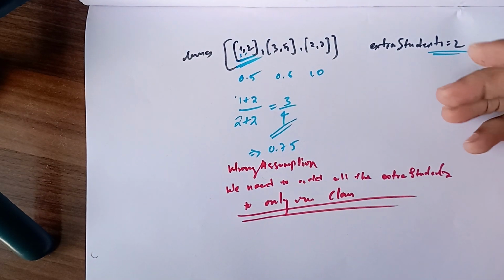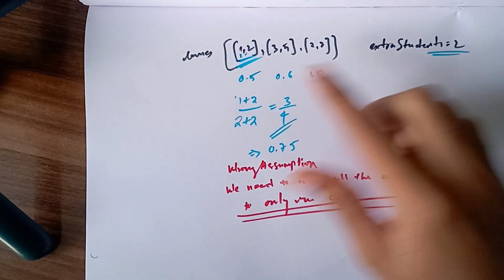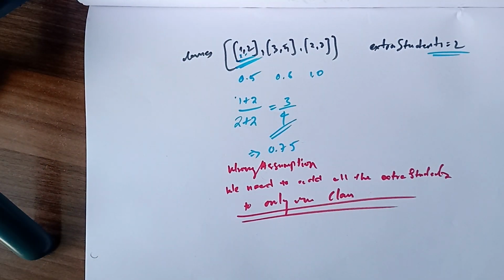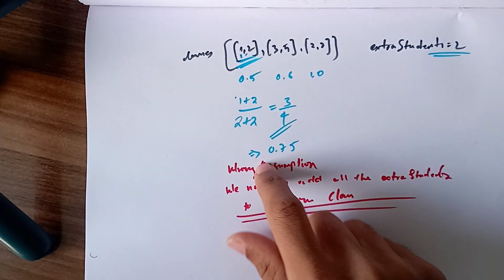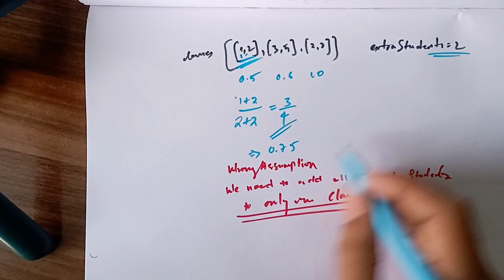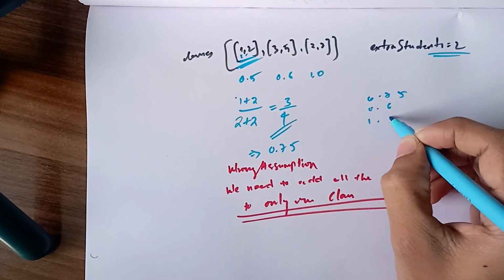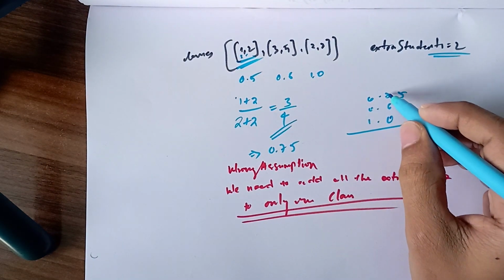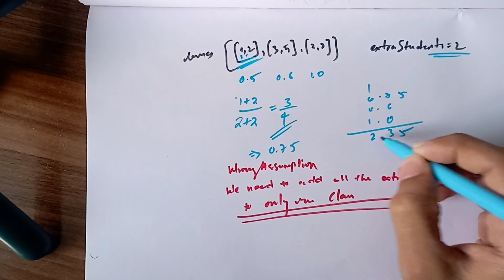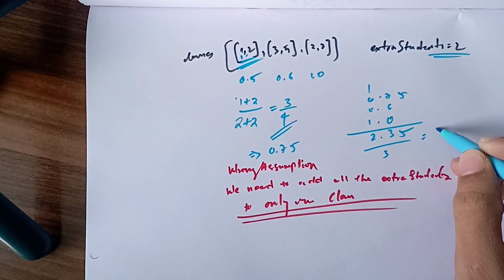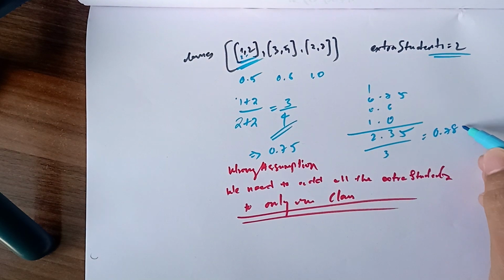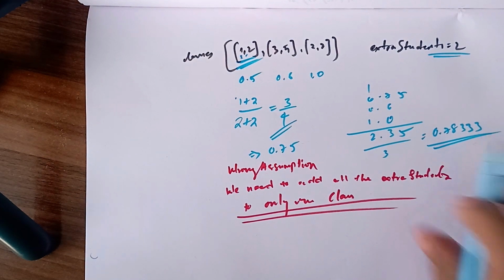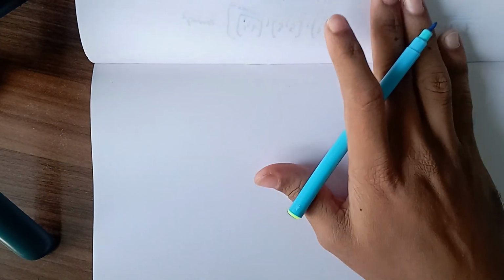As the question is like that, and by seeing this example, we might think that we need to add all the extra students to only one class. But if you add this 0.75, and 0.6, and 1, that is 0.75 plus 0.6 plus 1, which is 2.35, and 2.35 by 3 gives us 0.7833. So this is the final average pass ratio.